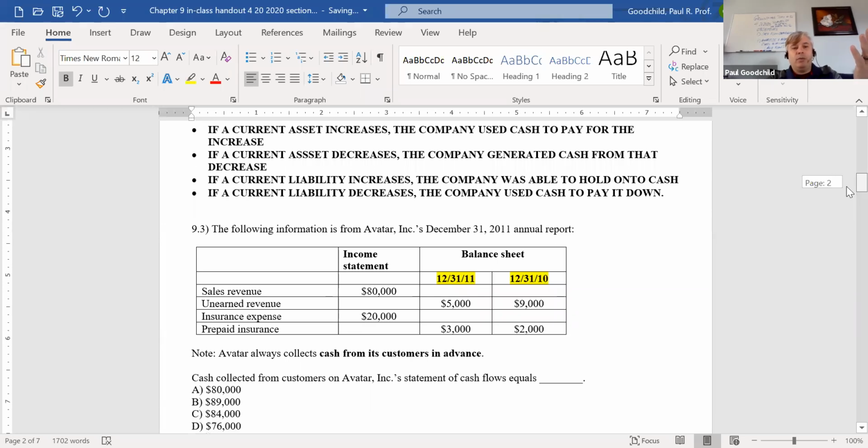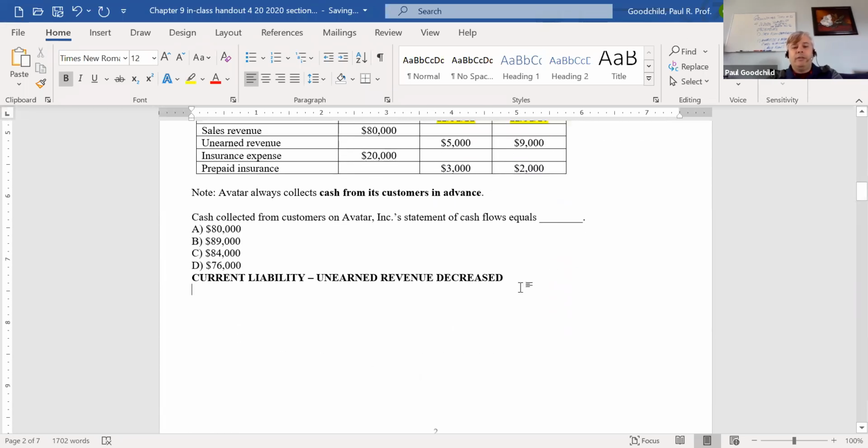Now that's a general rule, a basic one here. But if we start with sales, 80,000, then we add the change in unearned revenue, which in this case is a decrease of 4,000. We have 76,000.